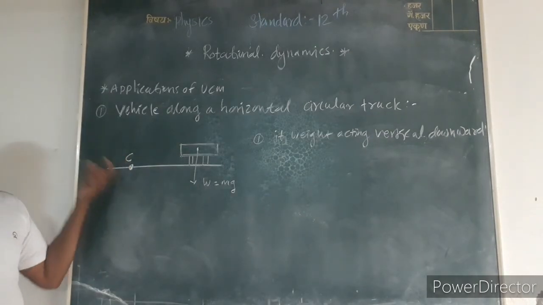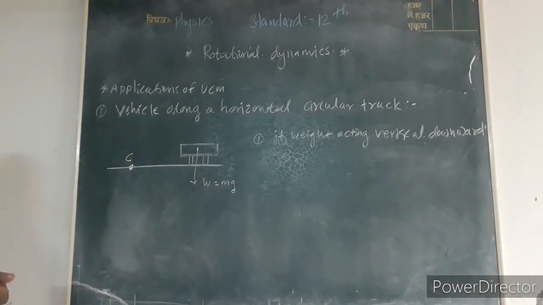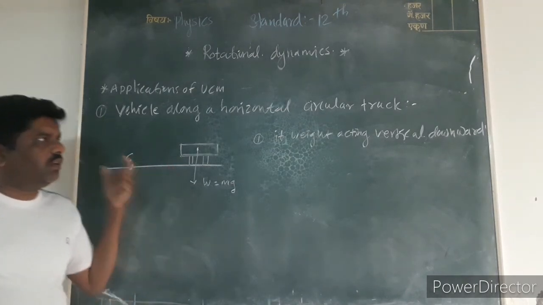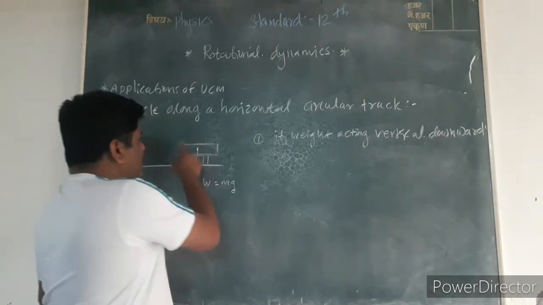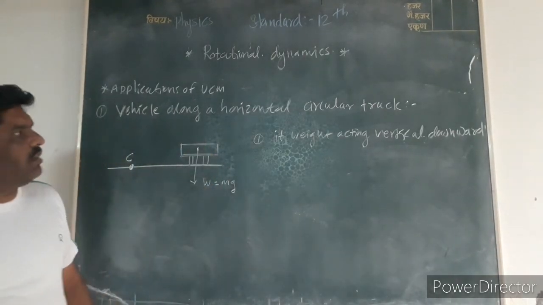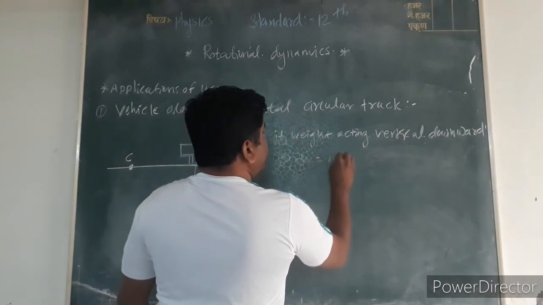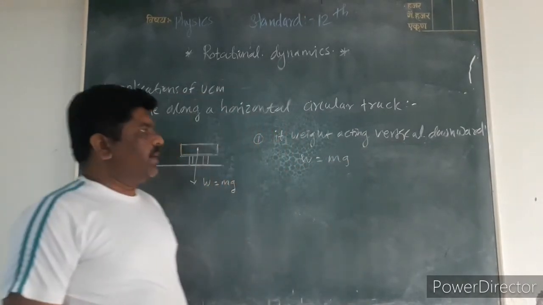When the vehicle is on this horizontal circular track, three forces act on it. The first force is the weight of the vehicle acting vertically downward, that is W equal to mg.